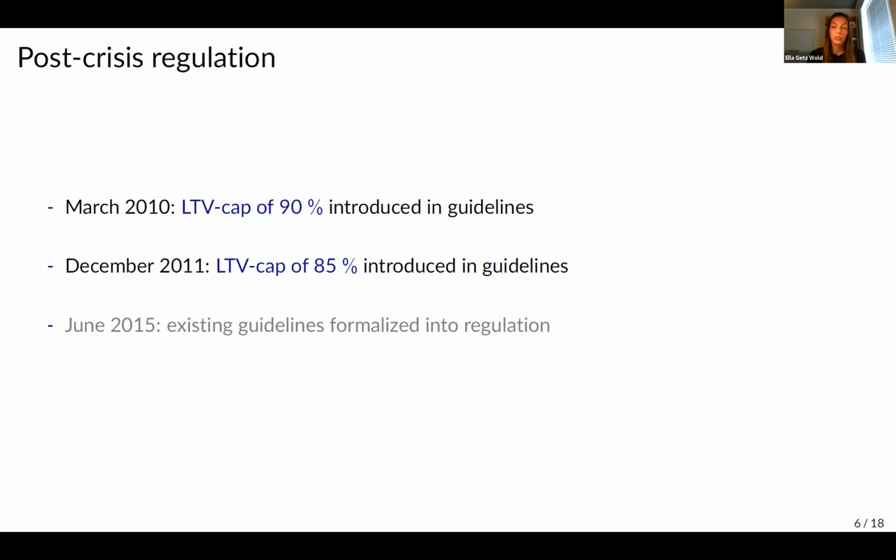Now, these were only guidelines, and within the guidelines, banks were allowed to deviate from these caps if they could document an extraordinary risk assessment. So there was some room to still give high LTV mortgages. And then, less important for this presentation, in June 2015, these guidelines were formalized into regulation.